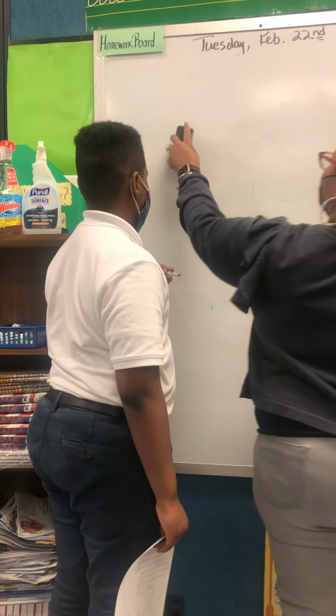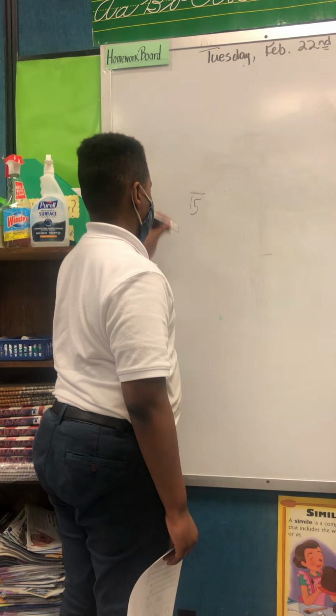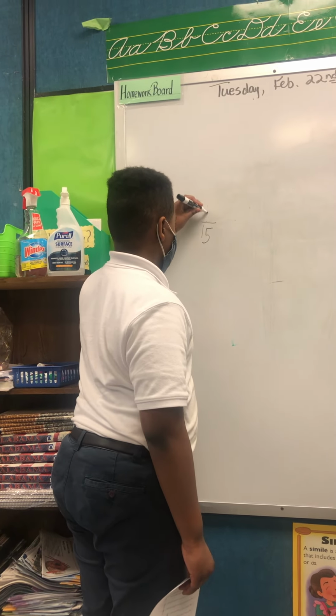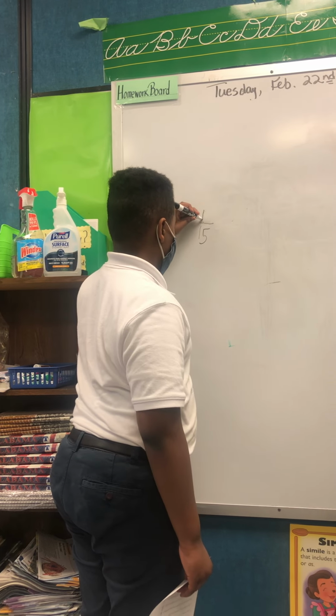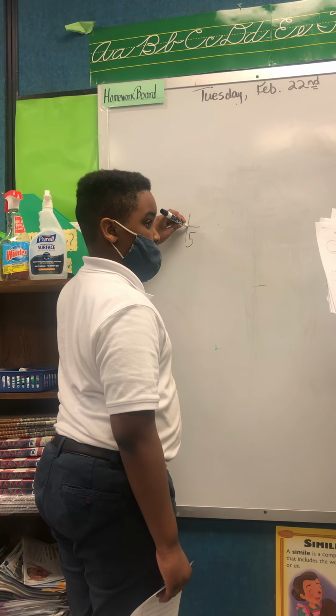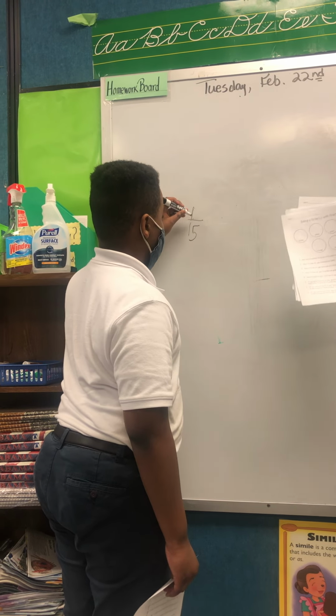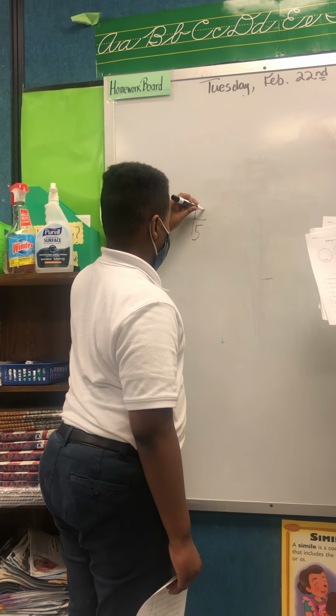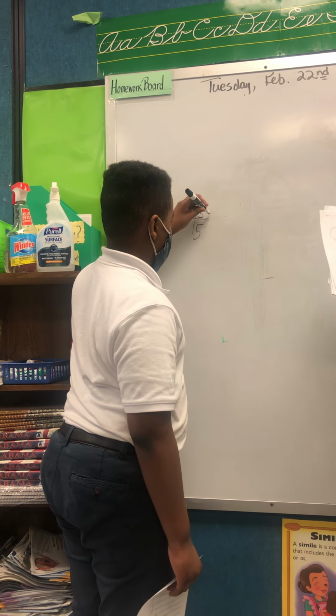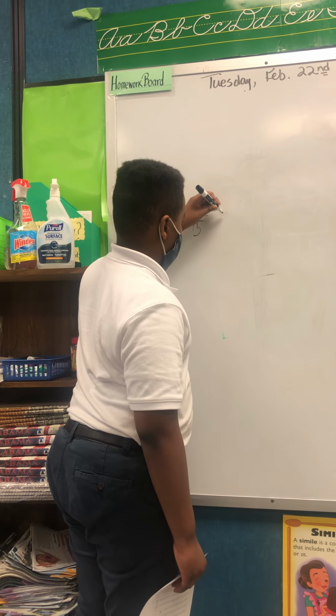No. This is representing everything. How many of the yellow did you have? 4. Okay, put the 15 up. Yeah, put the 15. And now you're gonna take away the yellow, right?